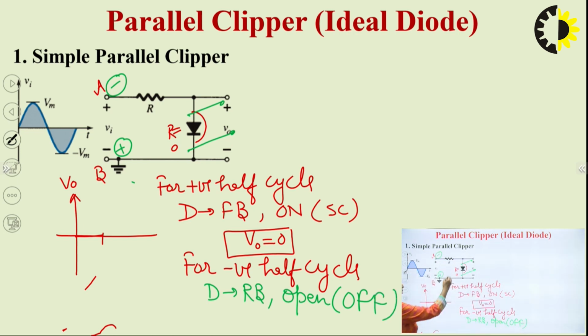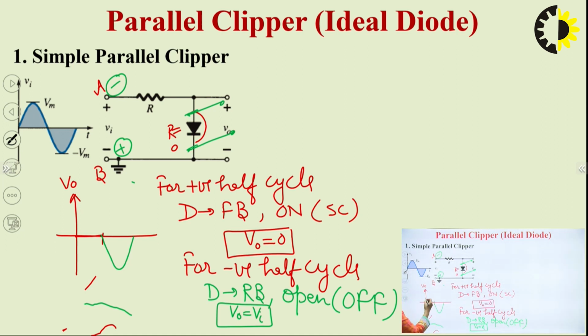If it is open, it is not connected in the circuit. So what is my output? Output will be equal to input, so V naught will be equal to Vi. During the negative half cycle, my output will be equal to the input signal.